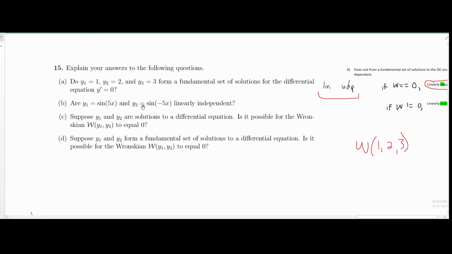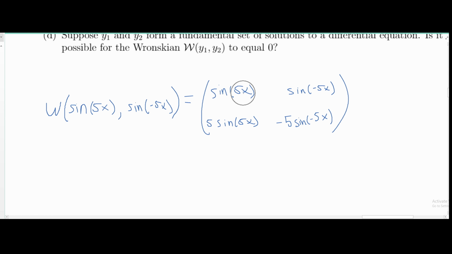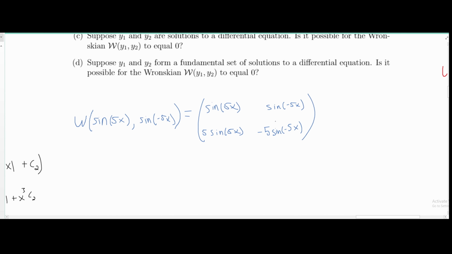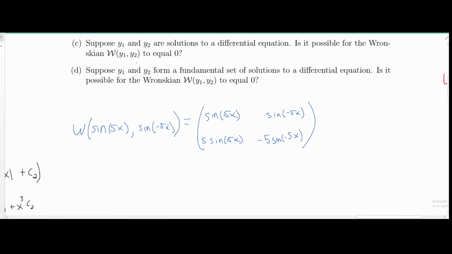Now, the next question is asking if sine of 5x and sine of negative 5x are linearly independent. We could do the same thing and plug it into our Wronskian. After we write out our Wronskian, plugging in our y1 and y2 values, this is what we get. Now we have to cross multiply and then subtract the products. We have this one multiplying with this and this multiplying with this.